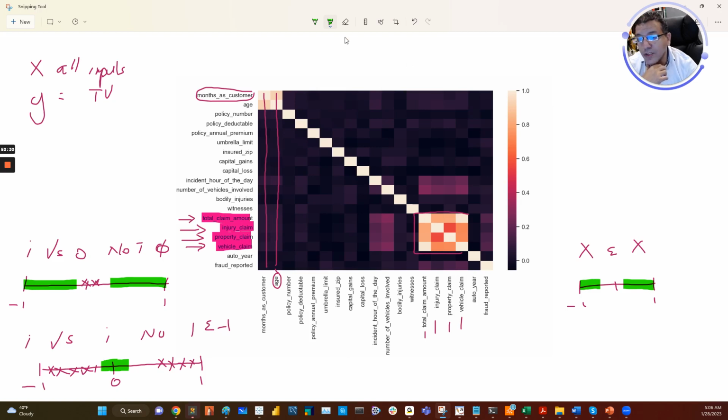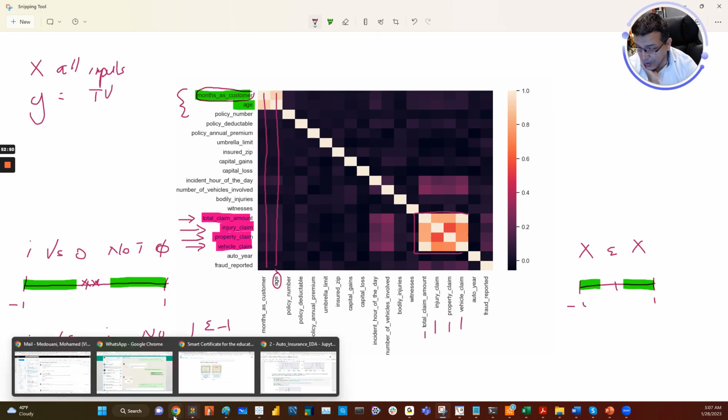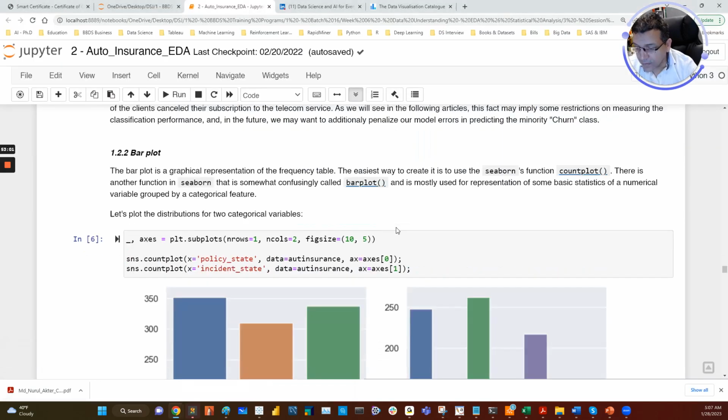So which one do we need to keep? For example, we find out there is a strong correlation between months as a customer and age. One of them should be kept and one of them should be removed. Which one to keep? Now we need to go to the correlation between x and y.